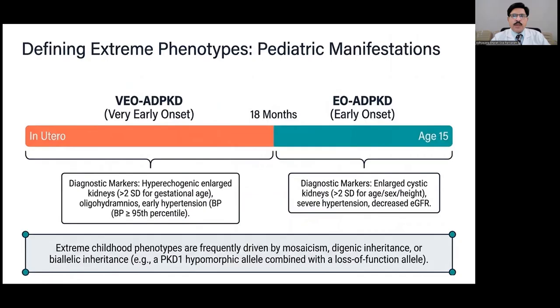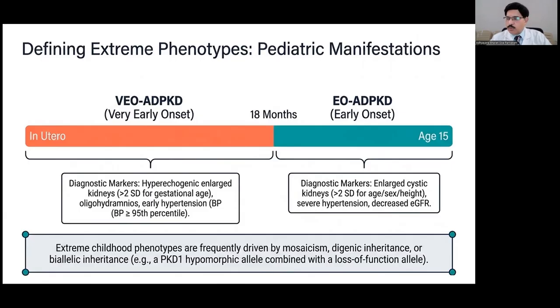Now, in the pediatric manifestations, there are two groups. One is called VEO-PKD, the other is called EO-PKD. What are they? Very early onset and early onset. Very early onset means in utero to the first 18 months.